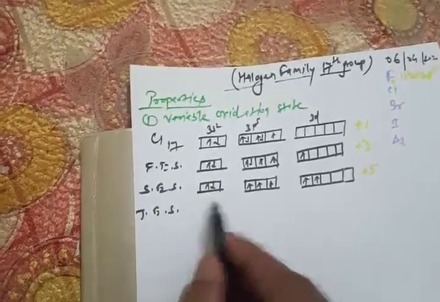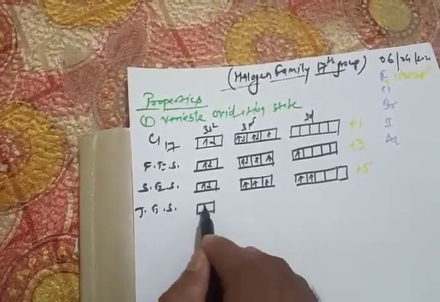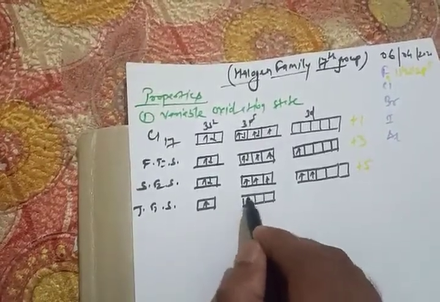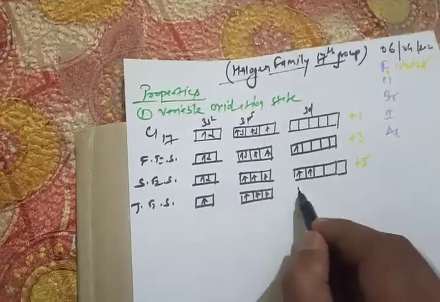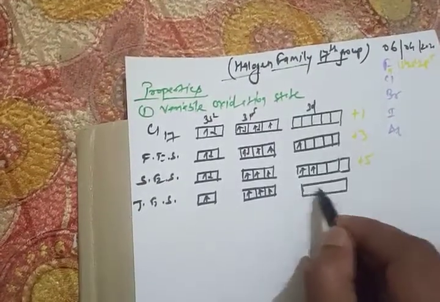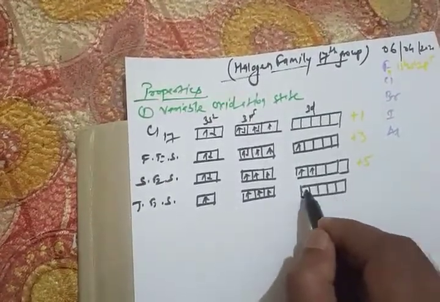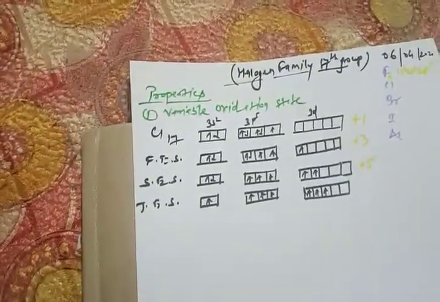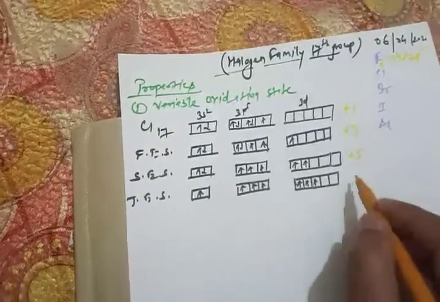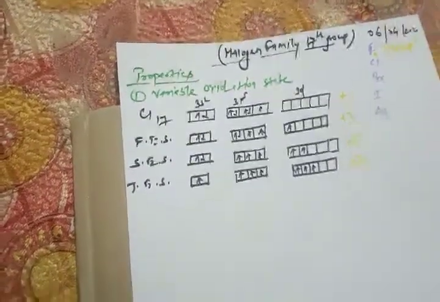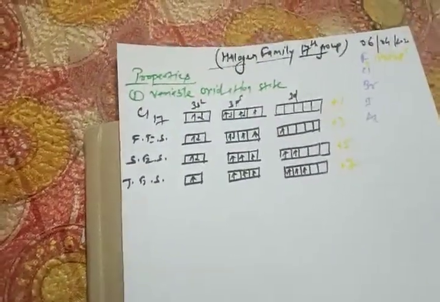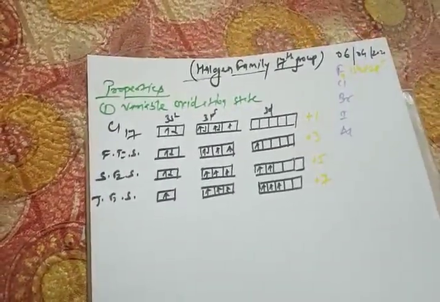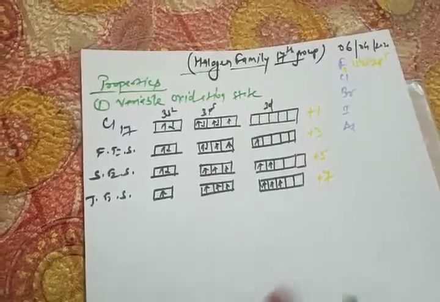Now in this case the paired electron we have in the s orbital, one of the electrons will jump to the d. So here we have 7 unpaired electrons, so we have +7. This is how it shows the variable oxidation state.